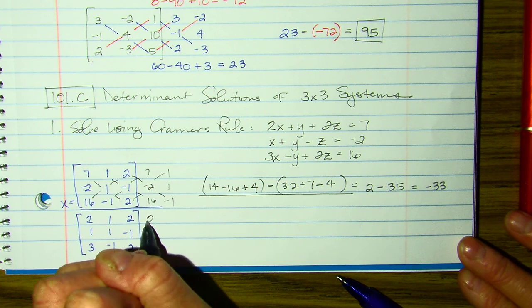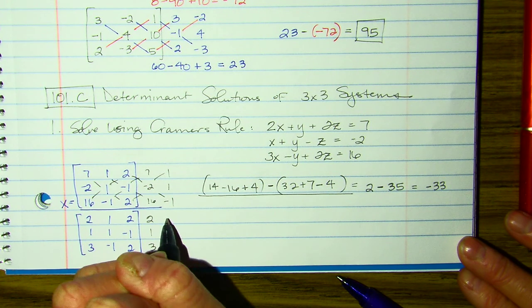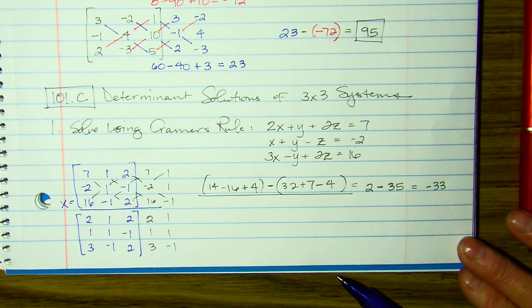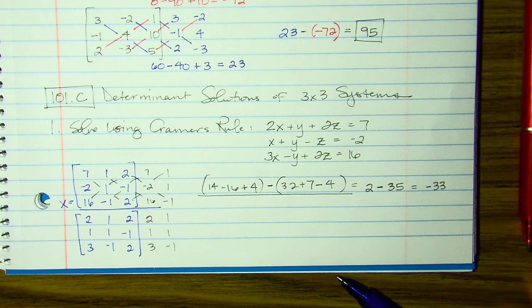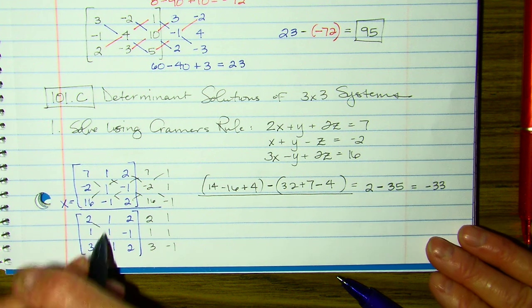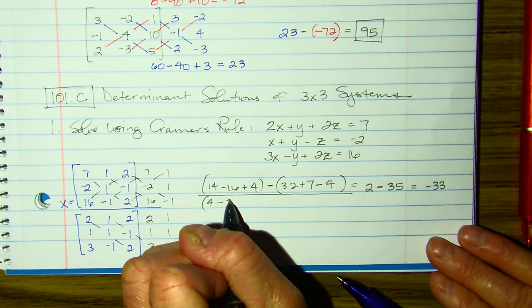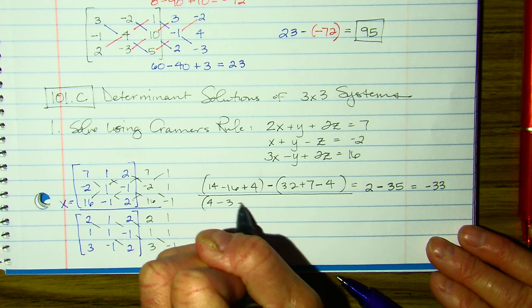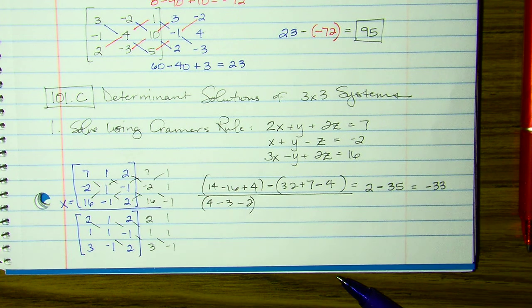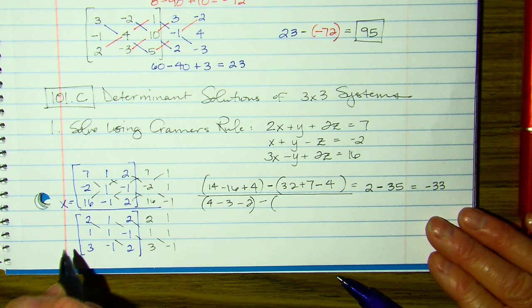I'll copy the first 2 columns. Remember, this is going to be the longest variable because of the other 2. Once I know what the bottom is, I can use it over and over. So let's find the bottom. I get 4. The product of the next one is -3. And of the last, -2. Minus the products of the top.